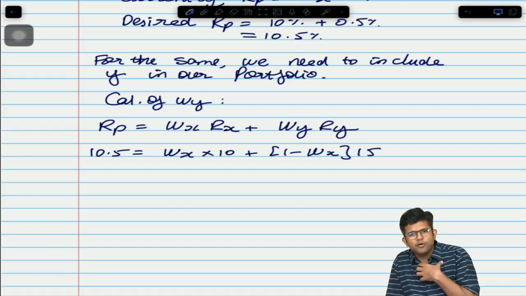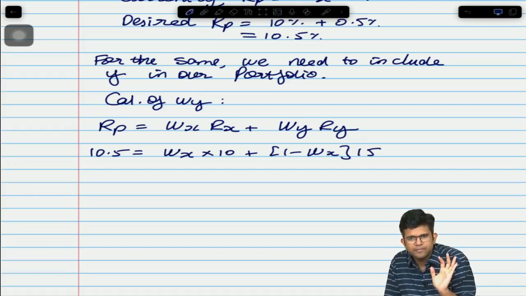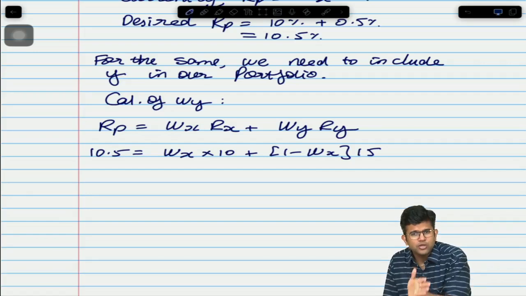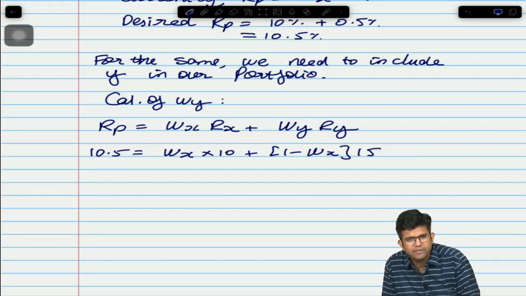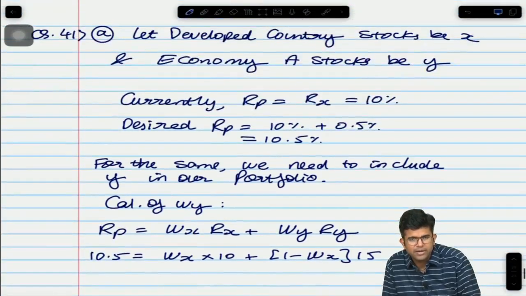Return of my portfolio will be the weighted average return of X and Y. Till here clear? X is giving 10%, Y is giving 15. I want to know what should be WX and WY so that RP is 10.5. For mathematical purpose, instead of WY, I have taken 1 minus WX. We'll solve this, we'll get WX, WY, no big deal. Everybody clear? Okay, please complete it.